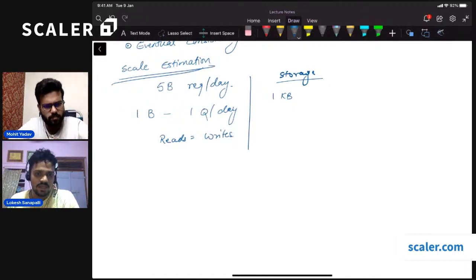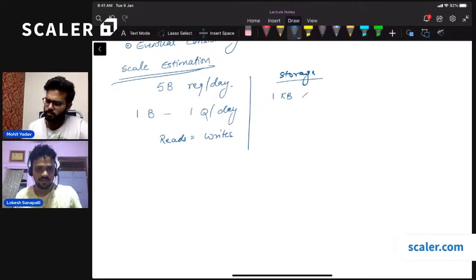So we have 1 billion requests, 1 billion into 0.5 KB. I need to calculate this. This will be something in terabytes.